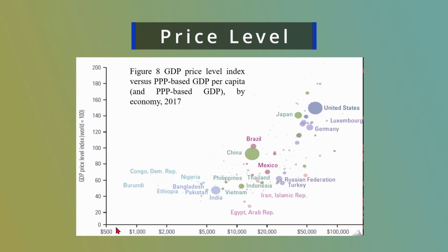In the horizontal axis, we measure the GDP per capita. Therefore, the greater the distance of a country from the vertical axis, the higher its GDP per capita, whereas the vertical axis measures the GDP price level index.